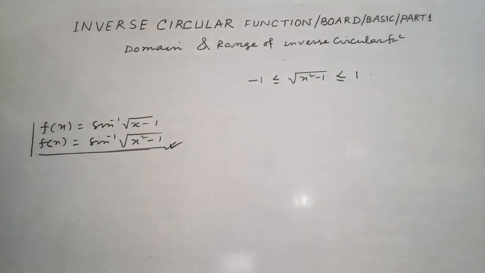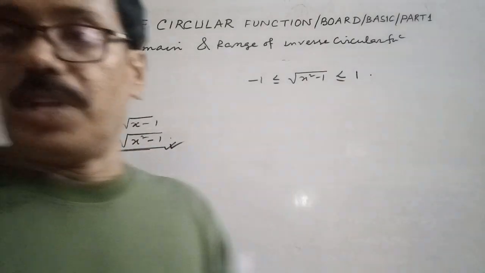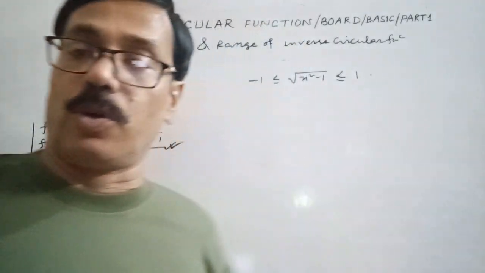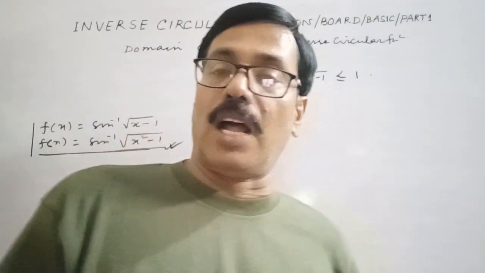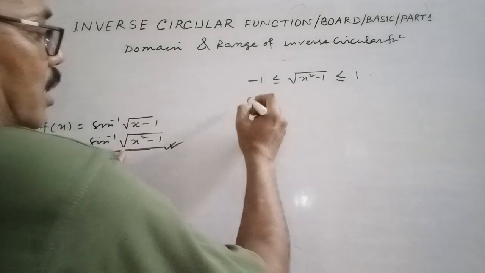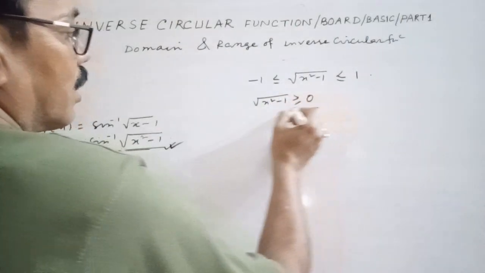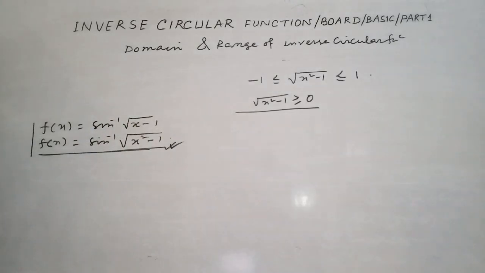Now the second restriction, you know the root over thing. If the argument of the root is positive, then it is real; otherwise it is imaginary. Therefore, what is our second restriction? The argument must be greater than or equal to 0.